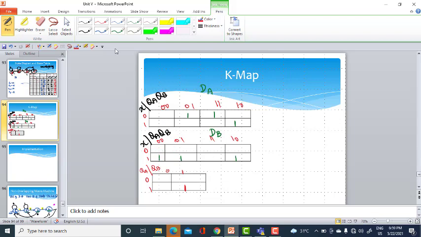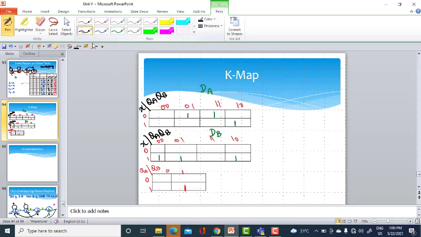I need to tell you one thing here. For dA and dB you will be using a 3 variable map, whereas for the output, in the Moore model, your output depends only on the present state, not on the input.